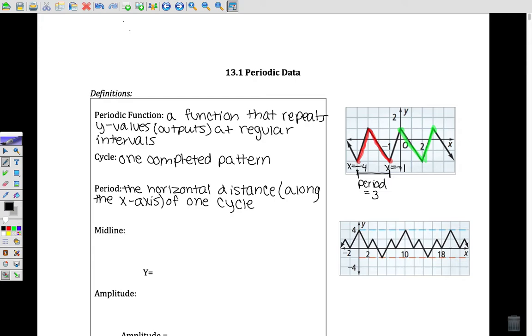The next vocabulary word is midline. Midline just means the halfway point between the maximum and minimum values. So you take the highest y value, take the lowest y value, halfway in between those is going to be your midline. So the midline is a horizontal line that is halfway between the maximum and minimum y values.